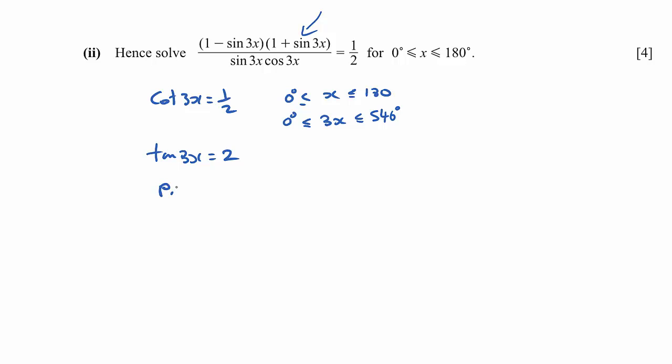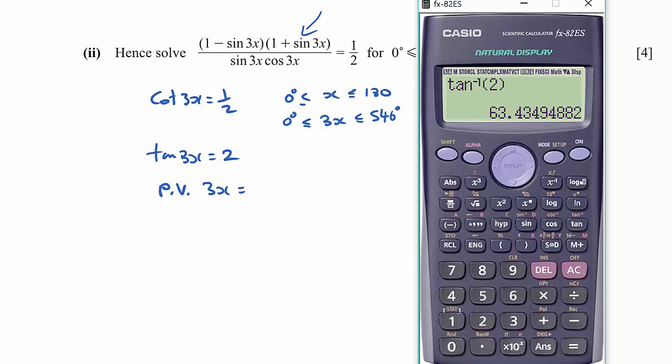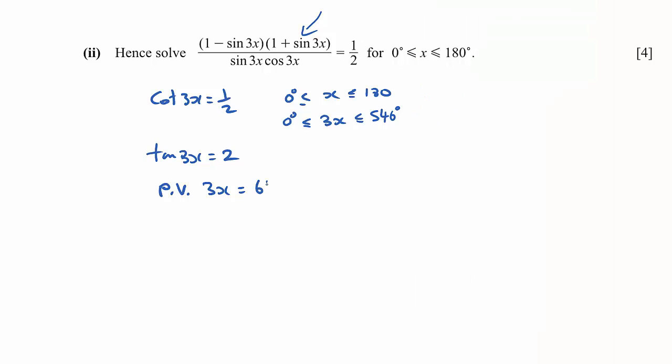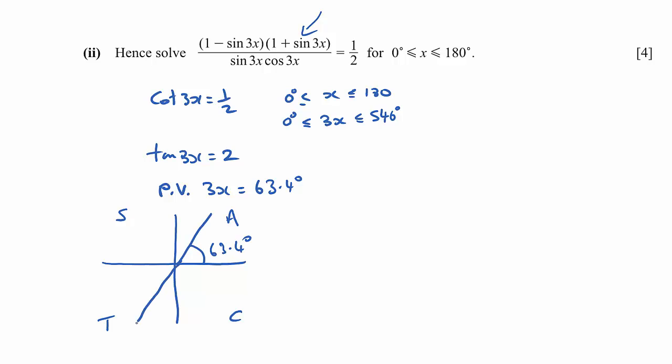So principal value 3x is 63.4 degrees. Okay, we set that up on a CAST diagram. ASTC, so we've got 63.4 degrees. And the other one will be in the T quadrant down here, 63.4 degrees.